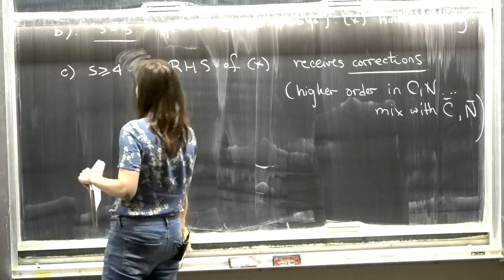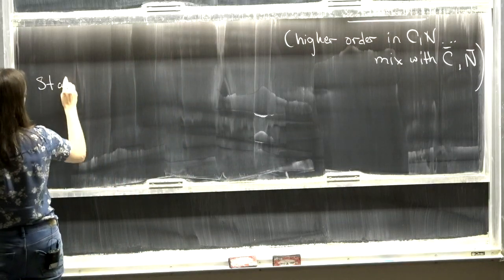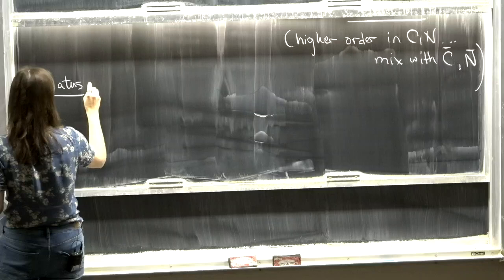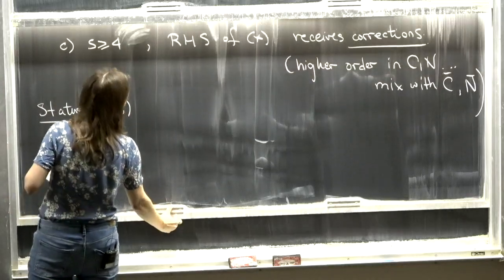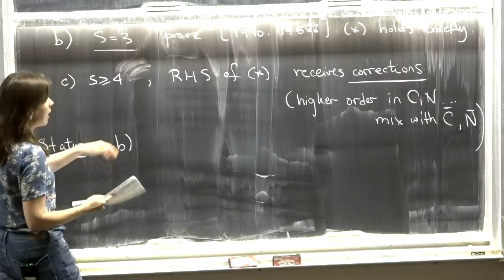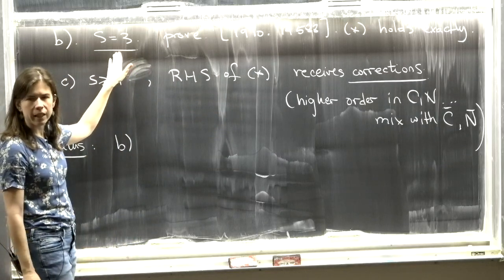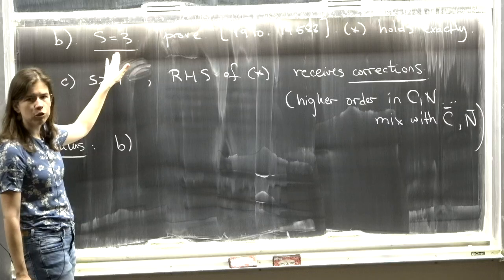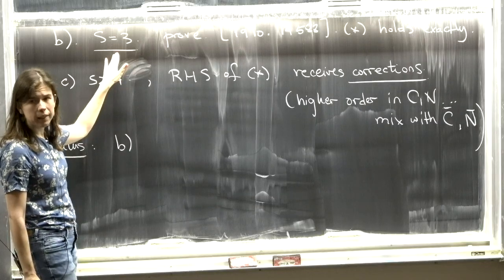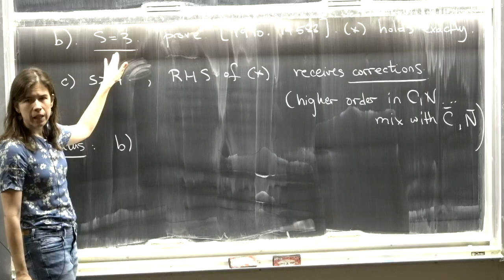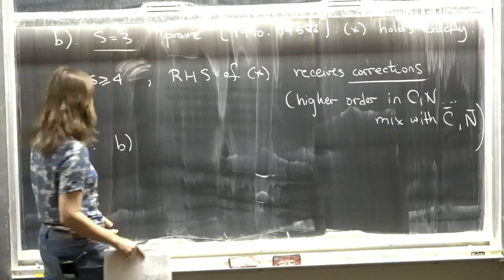Okay, so what is the status? First of all, point B, the fact that this equation is actually exact for s equal to 3 is kind of surprising because it suggests that there is a tree-level universal subsubleading soft graviton theorem. And that has not really been discovered so far.